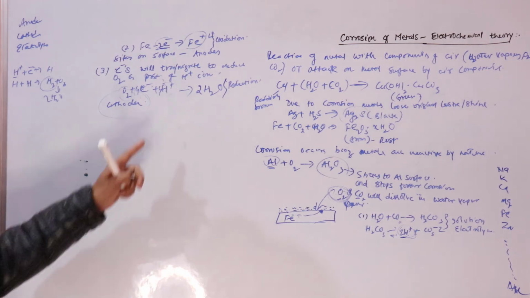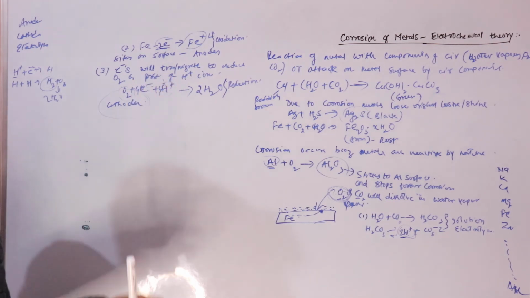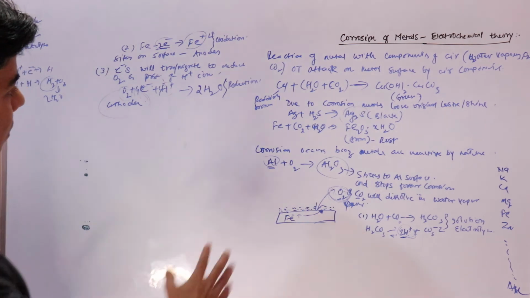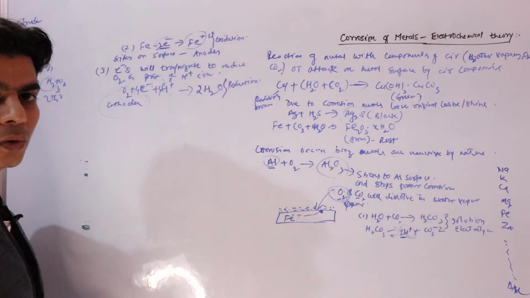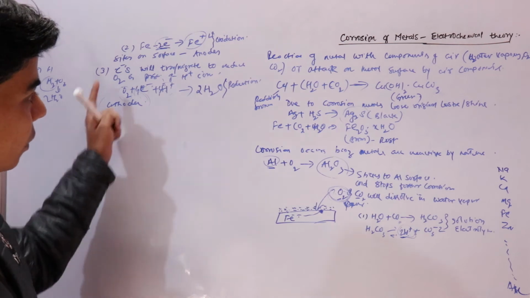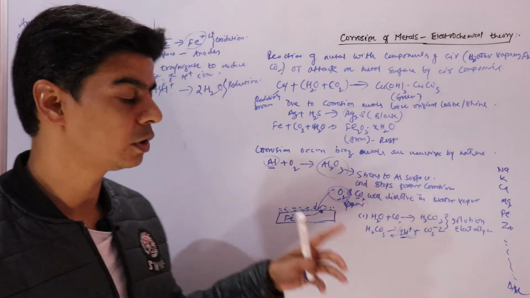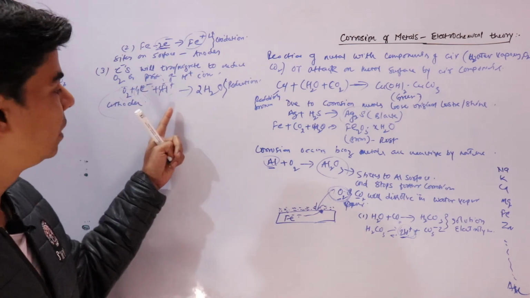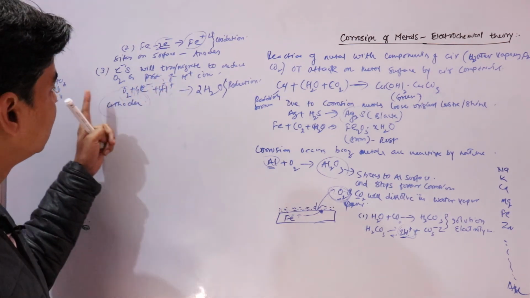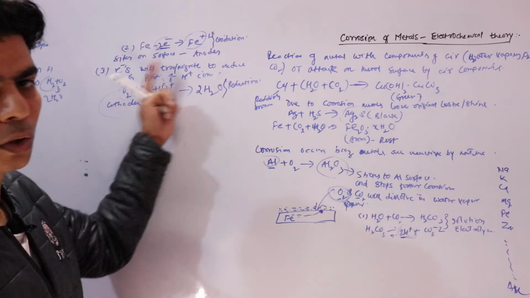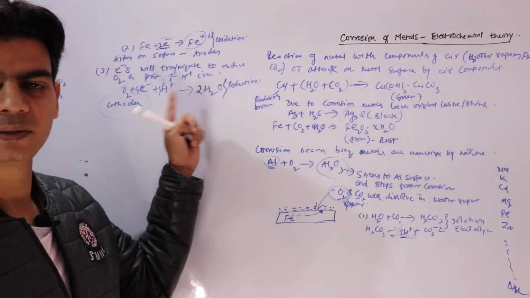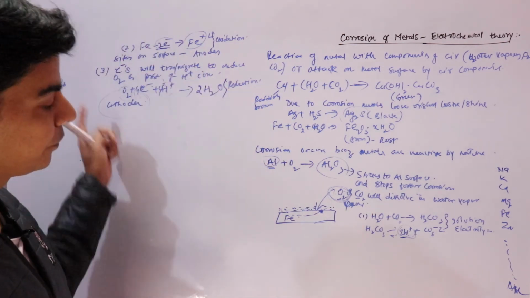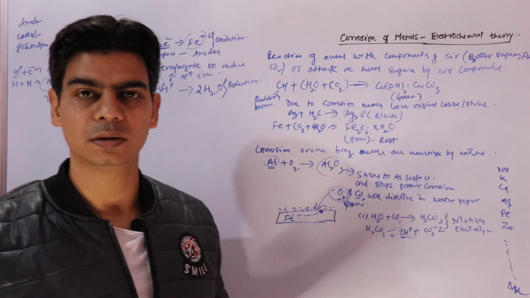And one more thing, these hydrogen ions will act as a catalyst in the corrosion of iron, or in this electrochemical reaction, because without hydrogen ions this reduction reaction will not take place. If this reduction reaction does not take place, the entire reaction would not occur.